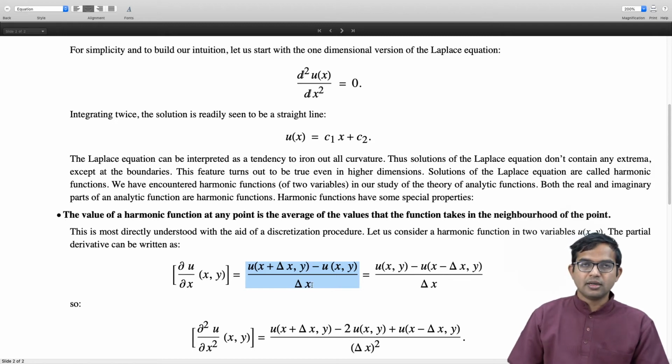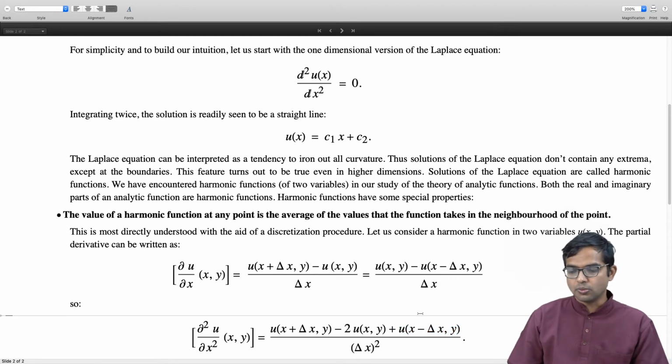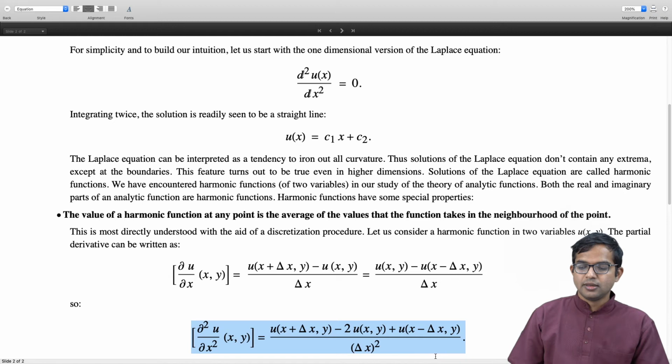So that gives me a delta x squared in the denominator, and then there are these 2 u of x comma y's which come in. So I have u of x plus delta x comma y minus 2 times u of x comma y plus u of x minus delta x comma y. So this is the discrete version of the partial second derivative with respect to x.